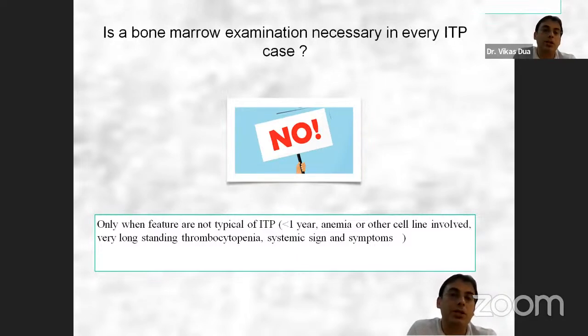Anemia, what we have just discussed: if your hemoglobin is disproportionately low, then you may think of doing a bone marrow. If other cell lines are affected, then you may think of doing a marrow. With very long-standing thrombocytopenia, you can do a marrow, or if you have systemic signs and symptoms, then you are justified in doing a marrow. But otherwise, in a typical case of ITP, bone marrow is not necessary.